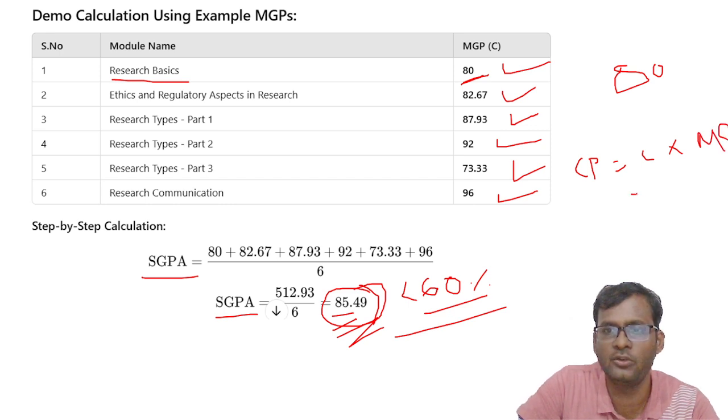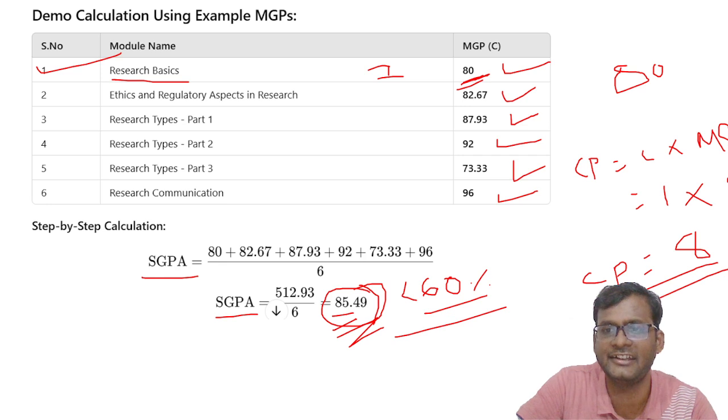For example, for module 1, what is the credit given? The credit given for this module is 1. So 1 into MGP. MGP here is calculated in percentage. If you calculate it on the 10 grade scale, it comes as 80, then it is equal to 8. That is, the credit point for module 1 is 8. But the credit for module 1 is 1. So this is the difference.